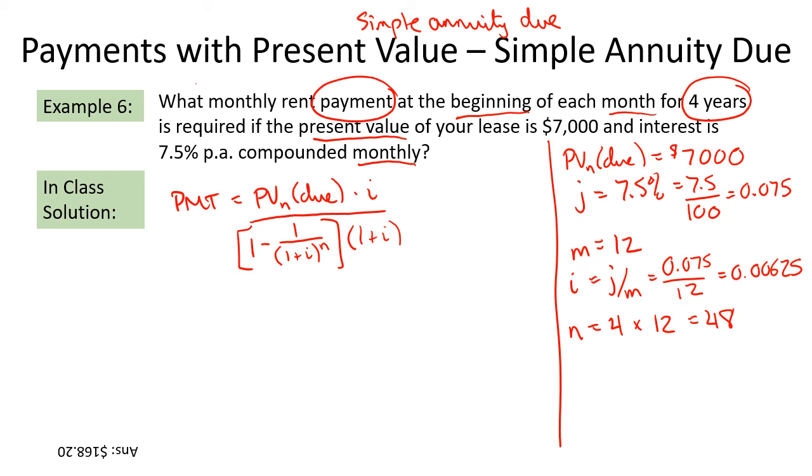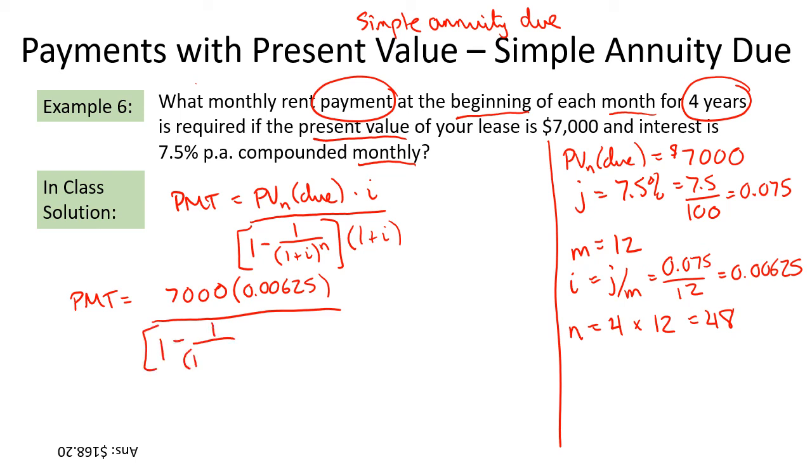Substituting all of these values in, all right, your payment is equal to your present value, 7,000, times 0.00625, your periodic interest rate, divided by this large term, 1 minus 1 divided by 1 plus your periodic interest rate, 0.00625, to the exponent 48, times this additional interest term, 1 plus 0.00625.